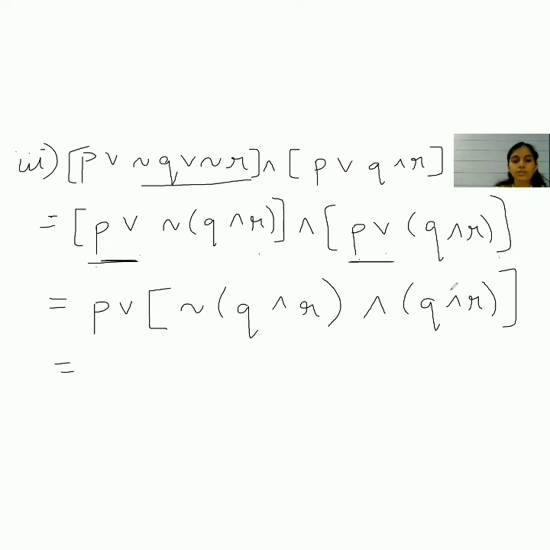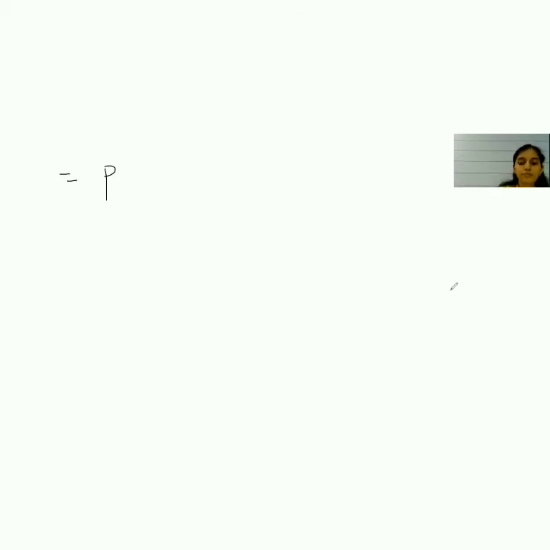So what is P or this? Now observe, let us say that I call this part S. So we have P or bracket negation S and S. Can we use complement law over here? Yes, so negation S and S will be F. Complement law for ANDing is F. So we'll have P or F by complement law, and then by identity law, P or F is P. So what have we got as the answer?